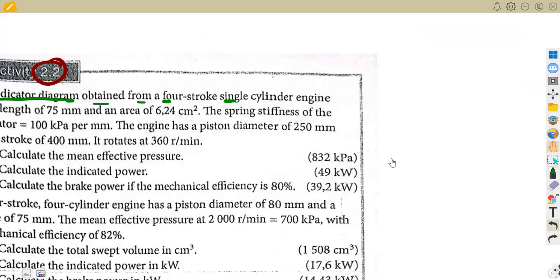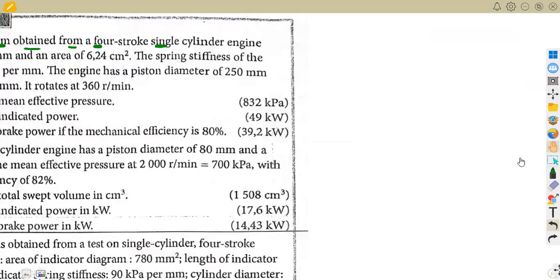No, it can be used anyhow, as long as it is about the engine that you're given. So there we are given what? The 4-stroke. So our engine is a 4-stroke. What else do we have? A single cylinder, the number of cylinders, that's 1.